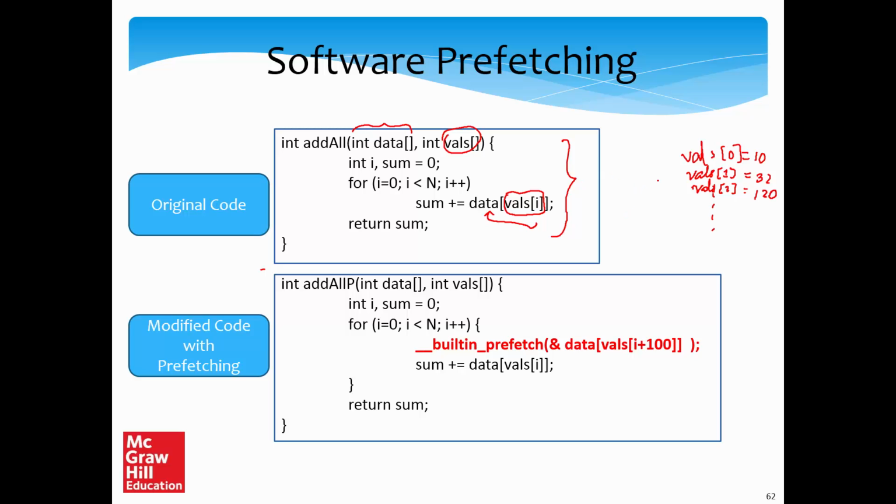Then the addresses that we are accessing are 10, 32, and 120, which are absolutely random. So for the vals array, we have spatial locality because they are in increasing order of array indices, but not for the data array. For the data array, we pretty much have very random addresses. And so as a result, both spatial locality and temporal locality are not there for the data array, even though they are there for the vals array to some extent.